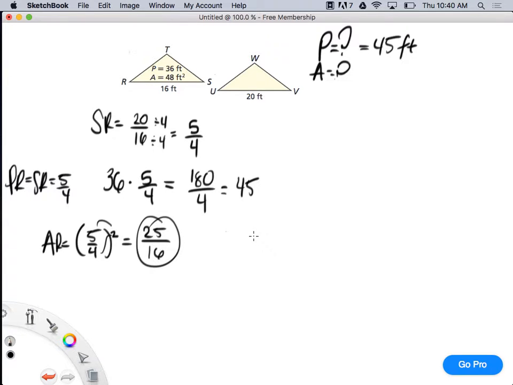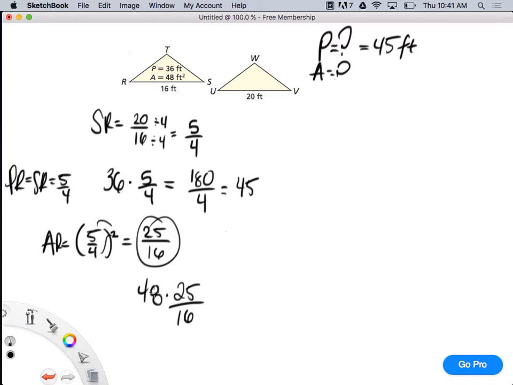Now, Priscilla, what do I do to get the new area? I have my area ratio. What do I do to get my new area? I multiply this area by the area ratio to get the new area. I multiply the original area, which is 48, by 25/16 to get the new area.